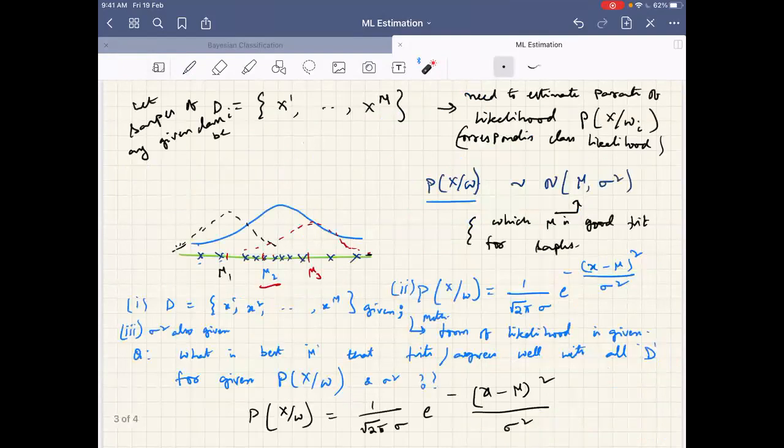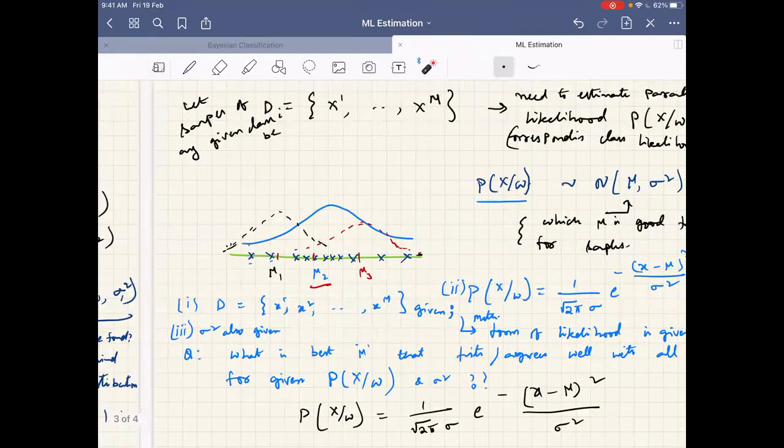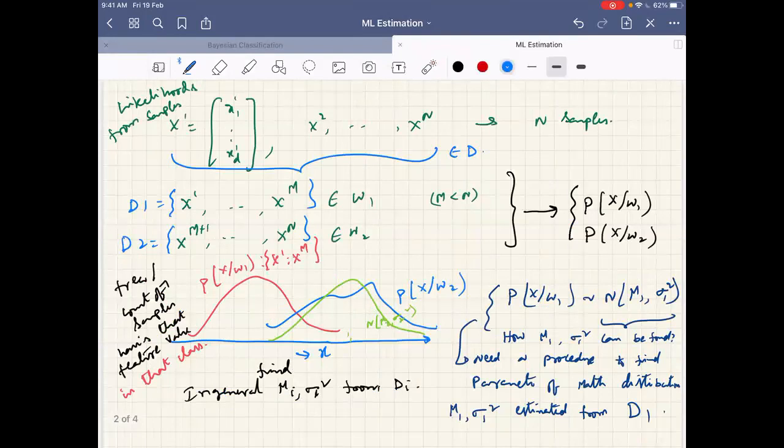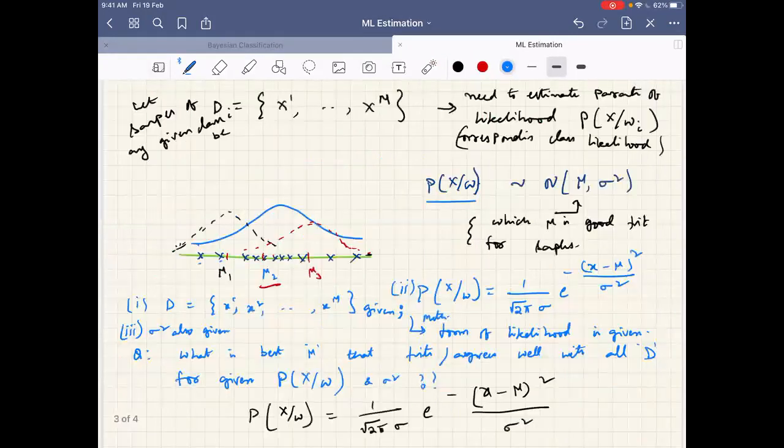Here, what we are trying to see is especially the likelihood of samples, which we defined in the first case. After that, we are trying to see how to find the parameters of the likelihood corresponding to given samples.